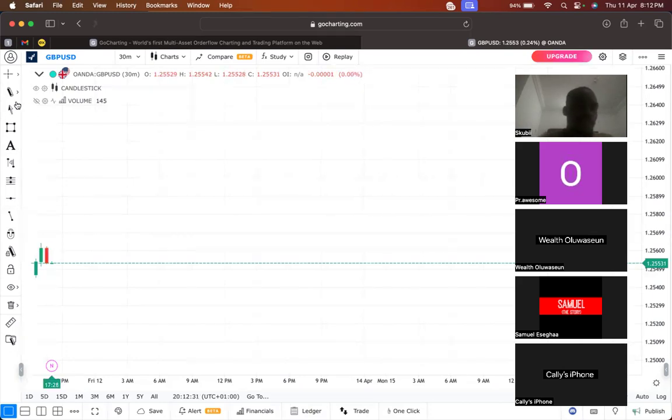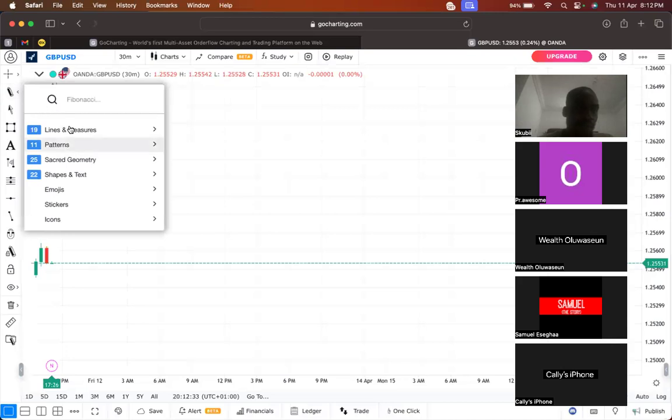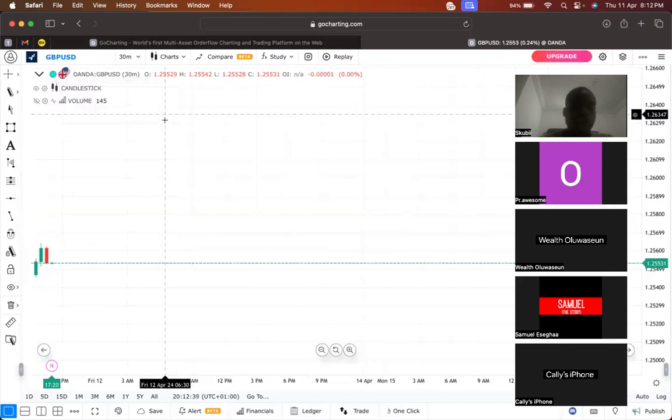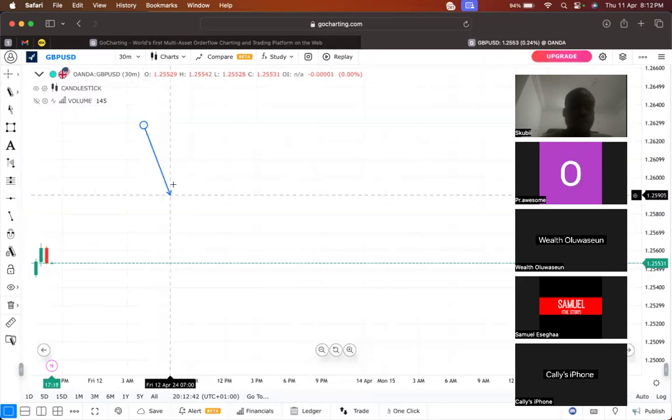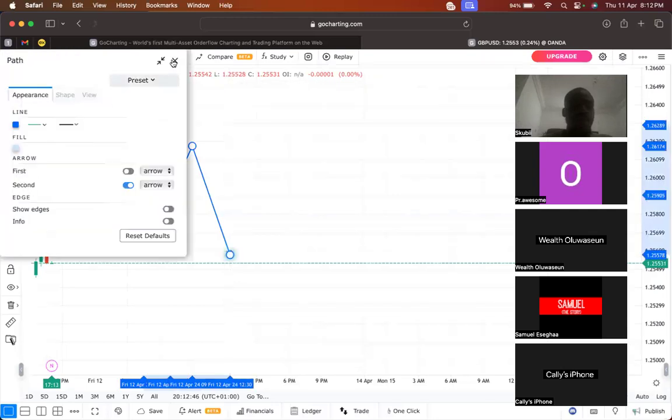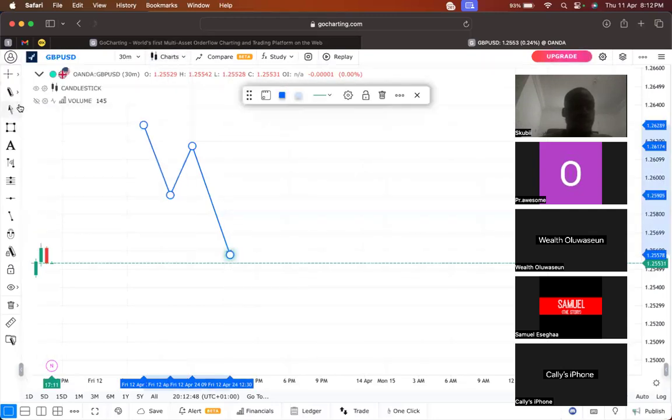Let's say we're having an uptrend or a downtrend. Let's say this is a downtrend, and for an uptrend, something like this.